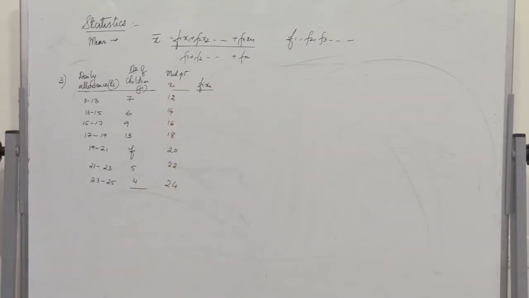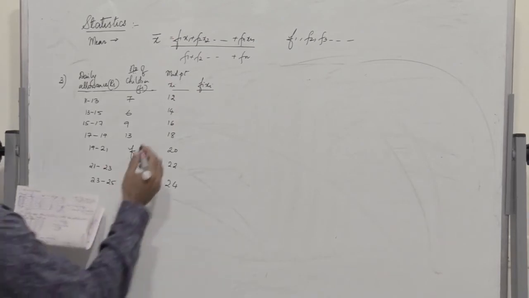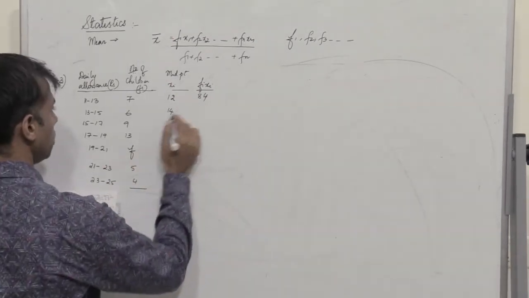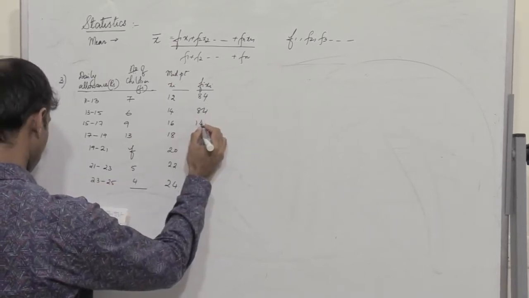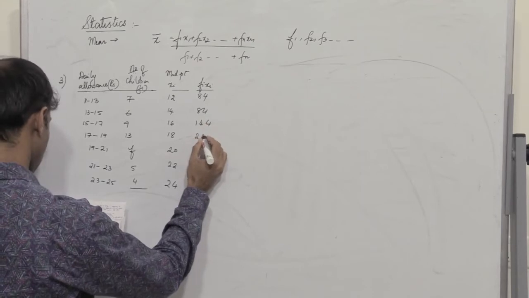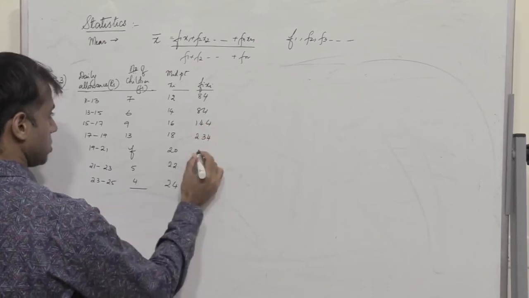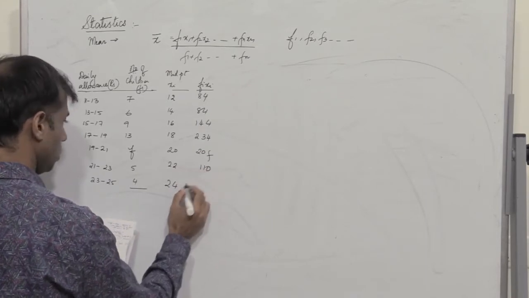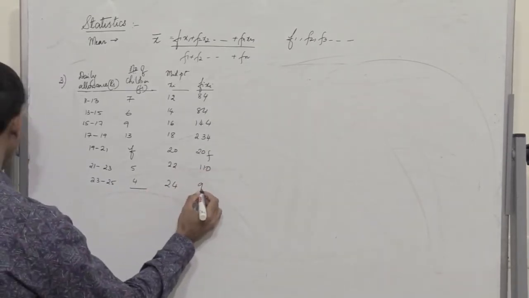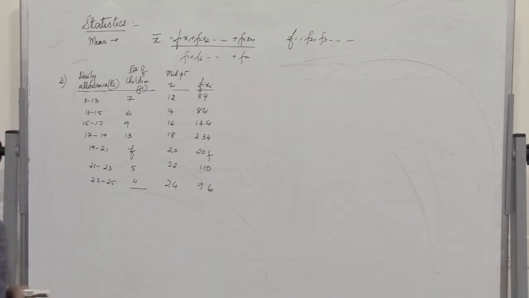Once we know the procedure, solving the problem becomes very simple. So 12 into 7 is 84, 14 into 6 is again 84, 16 into 9 is 144, next we have 234, next 20f, 22 into 5 is 110, and 24 into 4 is 96.